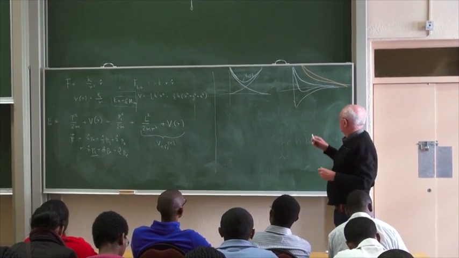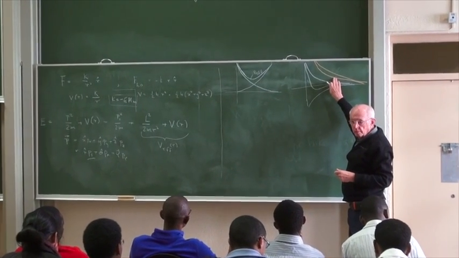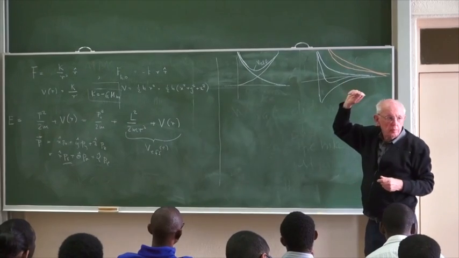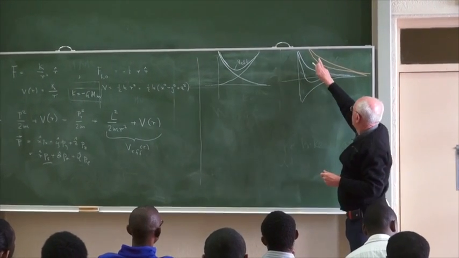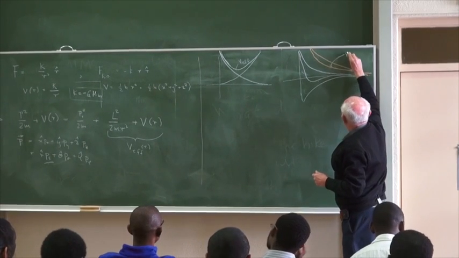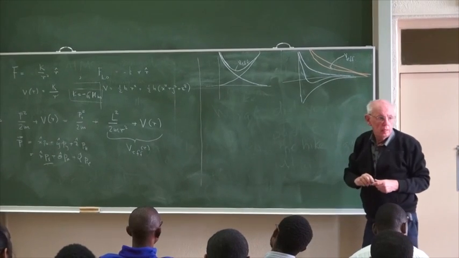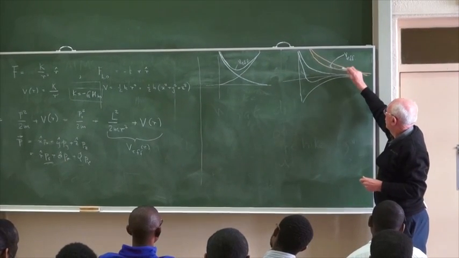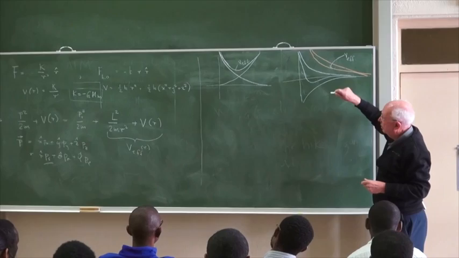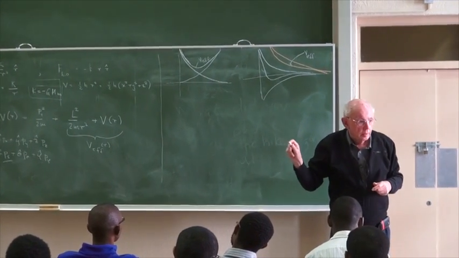So what happens if I have this then? If the angular momentum is very high, then this is the V effective, this one. This is the term from L squared over 2mr squared.